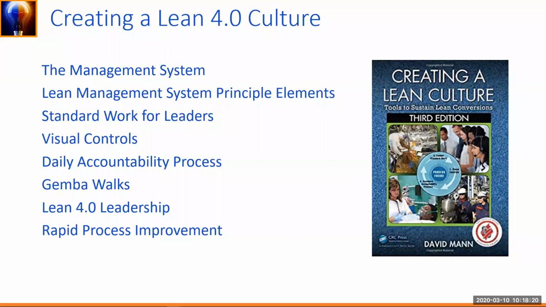Gemba walks so that leadership really sees and understands the process. How do you build up that leadership team over time, and then how do you implement these rapid process improvements? And every single one of these is presented in the book through those traditional manual methods.